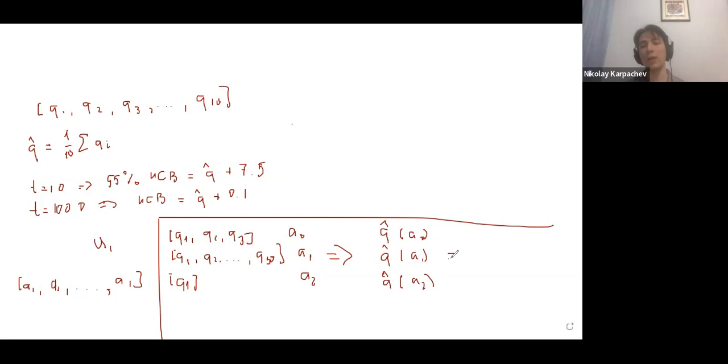Then we transform them using the softmax function. Softmax transforms real values into probabilities. So after softmax, we'll have probability of A0, probability of A1, and probability of A2.